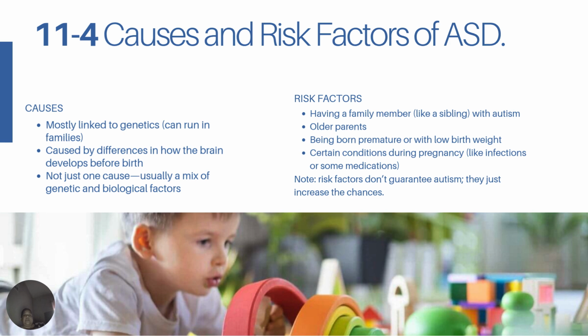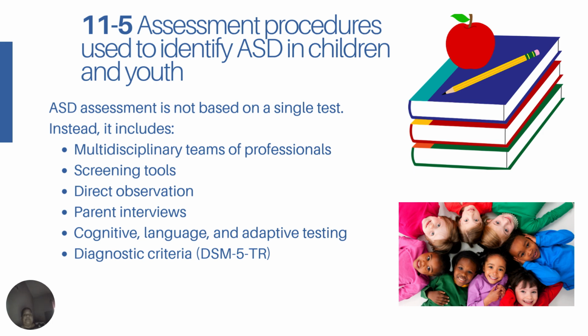Risk factors: having a family member like a sibling with autism, older parents, being born premature or with low birth weight, certain conditions during pregnancy like infections or some medications. Risk factors don't guarantee autism. They just increase the chances.